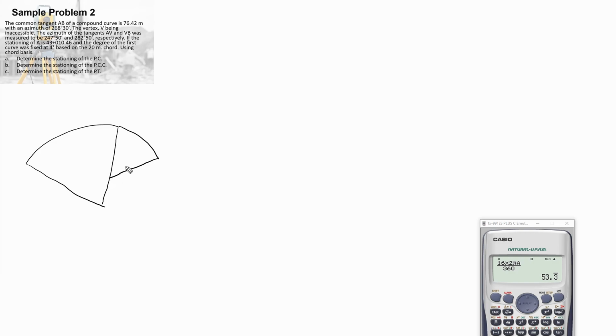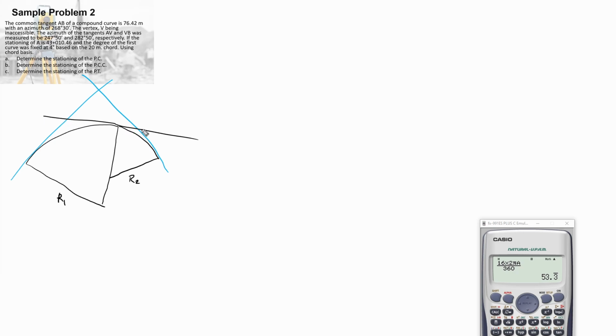So, kunyari, ito ay R1, ito ay R2, and then, meron tayong yung tangents natin, primary tangents. And then, meron tayong common tangent is yung line or yung tangents nila na parang common sa kanilang dalawa.